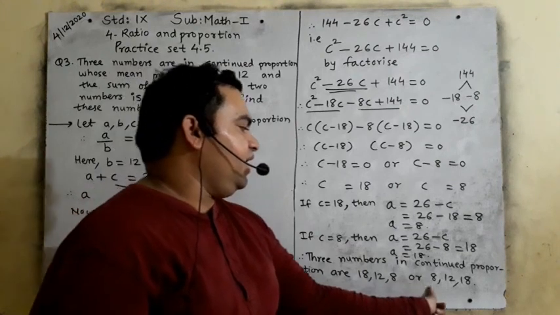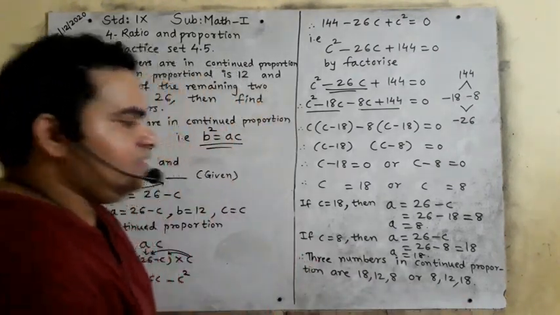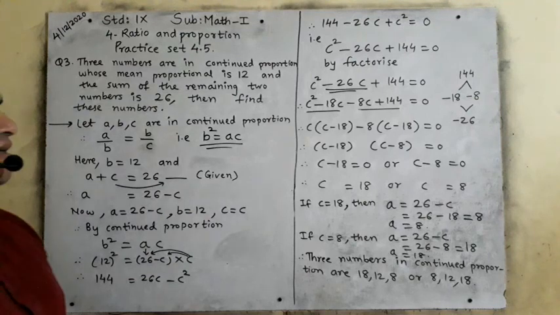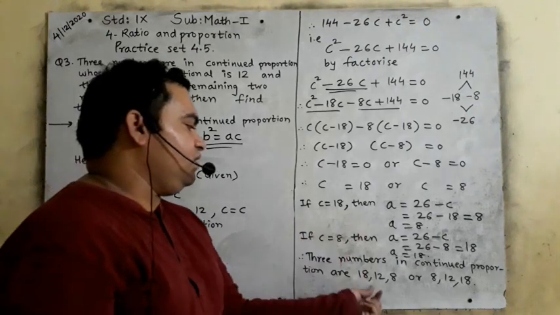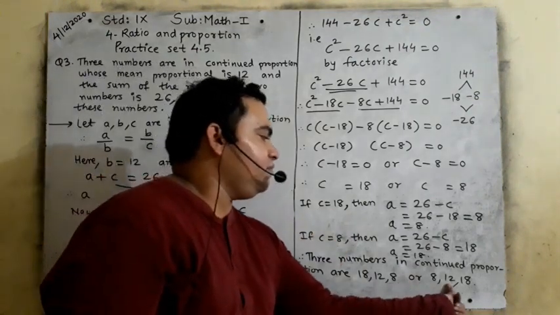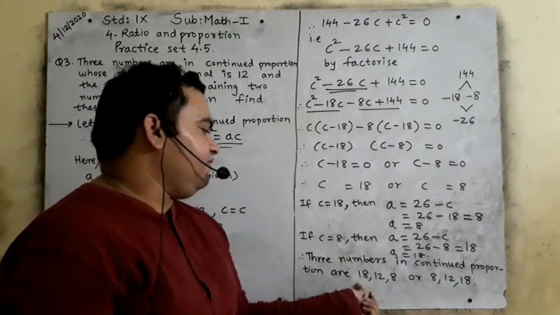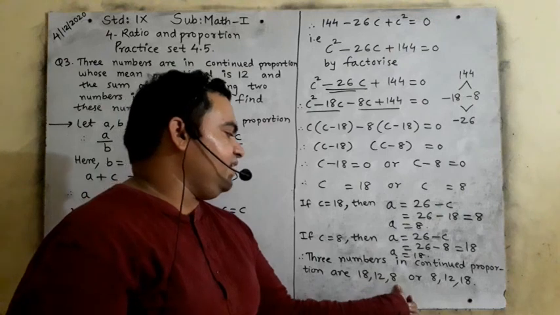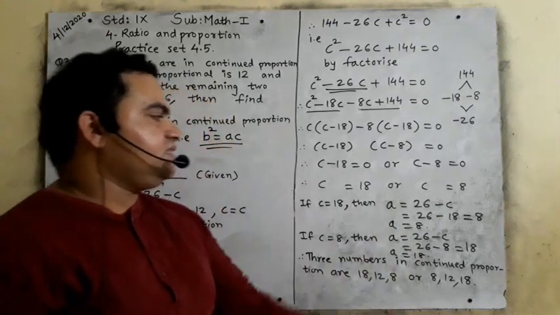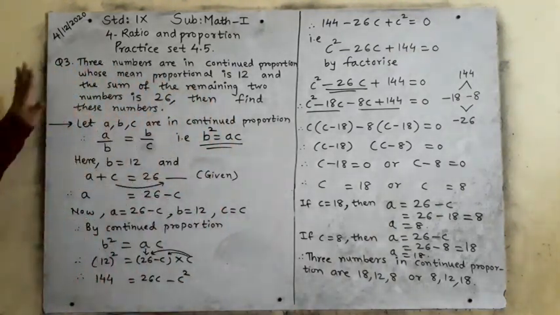Is it clear? This will be your answer. If you consider C is equal to 8, you will consider A value 18, B value 12, and C value 8. This will be the answer of this question number 3.